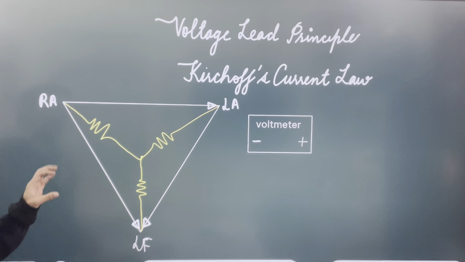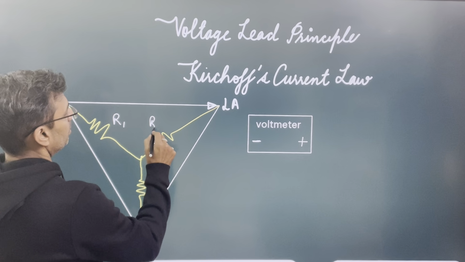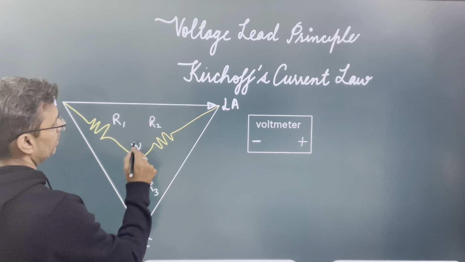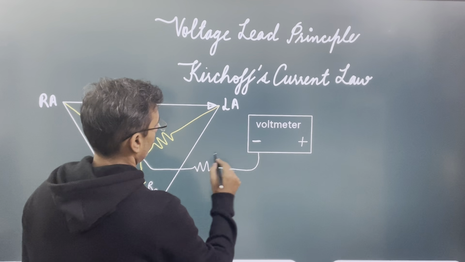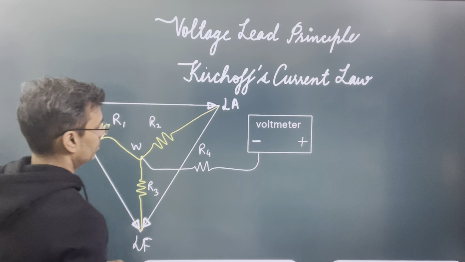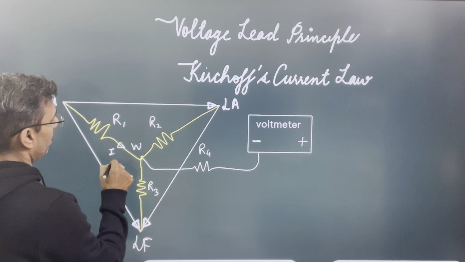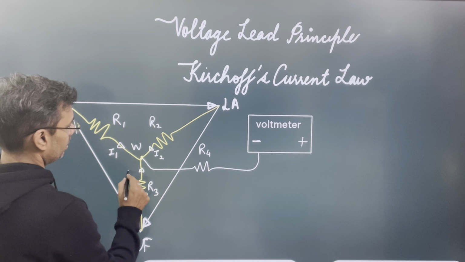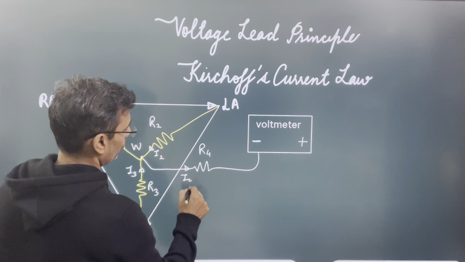As you know, this was the setup, just taking the resistances R1, R2 and R3, and this is the Wilson terminal, let's say it's W, and this is the fourth resistance. Now the current in R1 is I1, current in R2 is I2, current in R3 is I3 and current in R4 is I4.